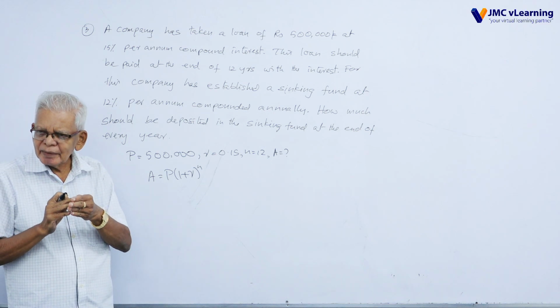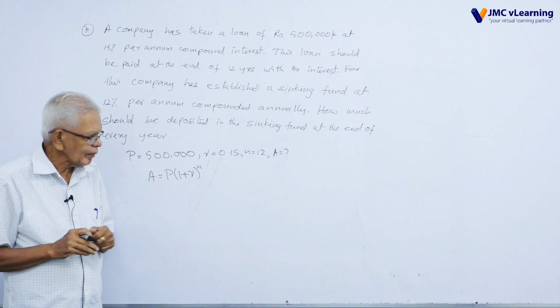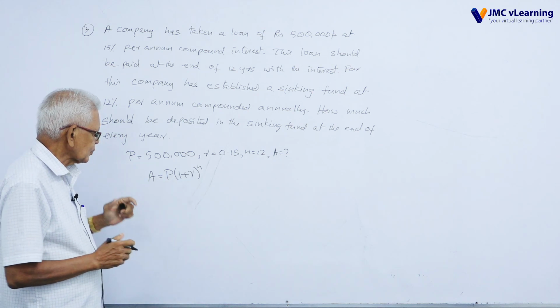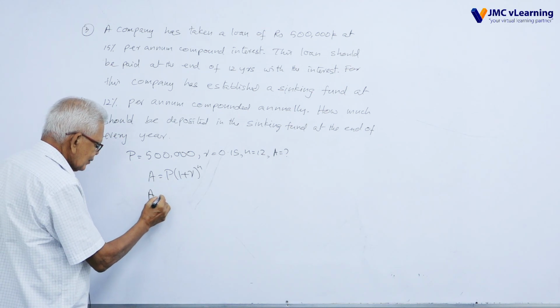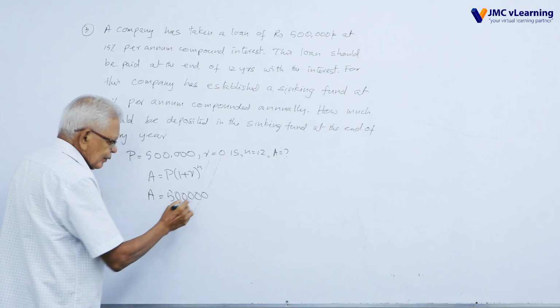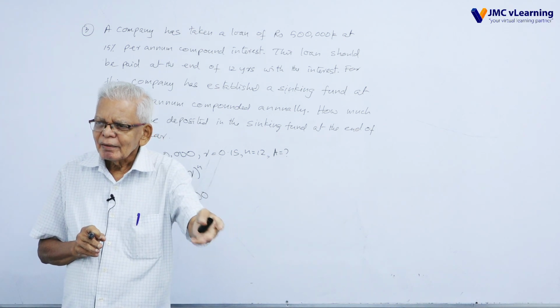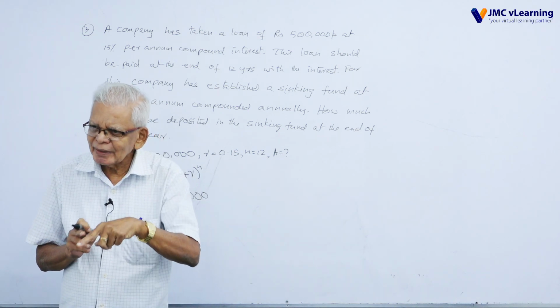Compound interest means that you also have to pay interest on the interest. Right? P into (1 plus R) to the power n. A equals 500,000. Now for example, if you deposit 500,000 in a bank today, after 1 year you are getting 12% interest.